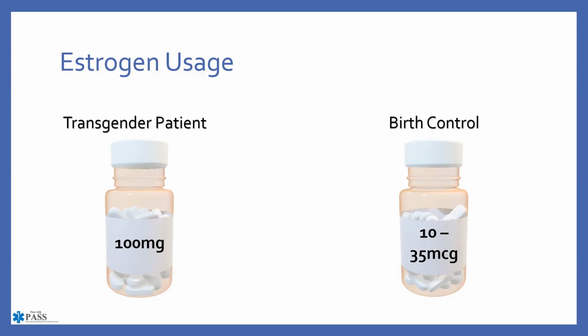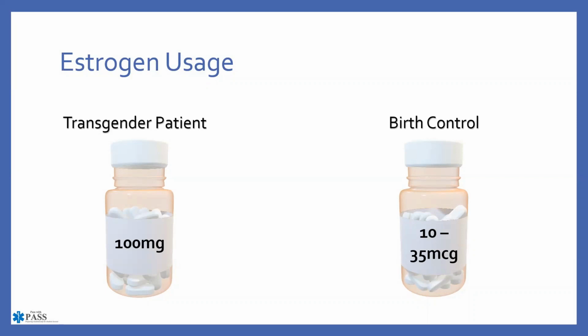Prior to me talking about pulmonary embolus today, I would venture to say 90% of the people listening to this lecture had at some point heard about oral contraceptive therapy causing an increased risk for pulmonary embolus. We've all been taught that in EMT class and in paramedic school, and those patients are at a much, much lower dose than the patient transitioning from male to female.